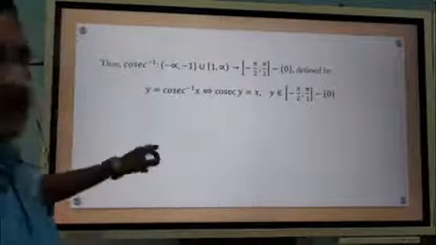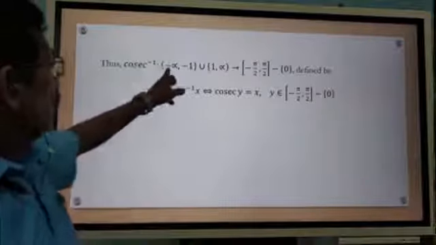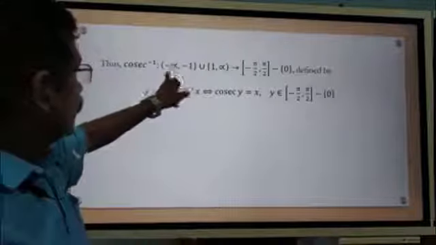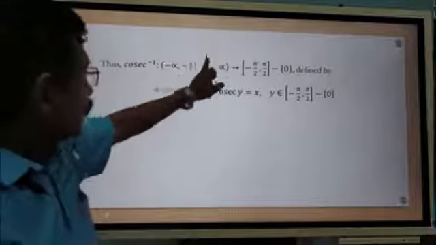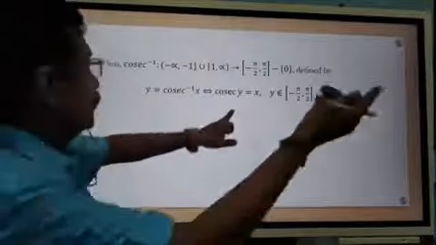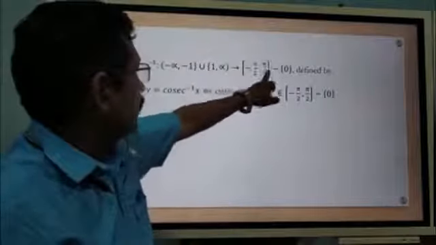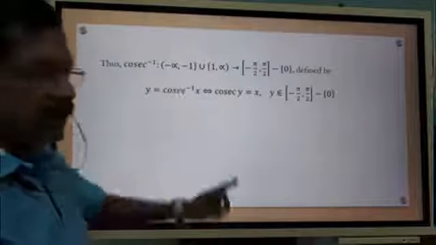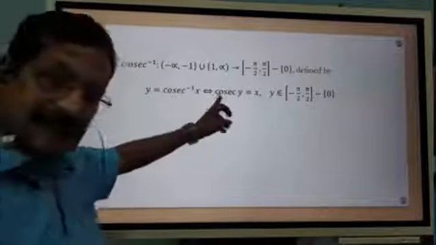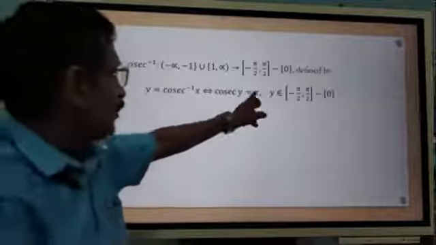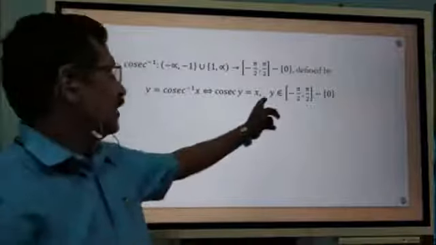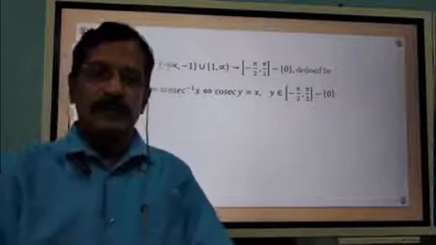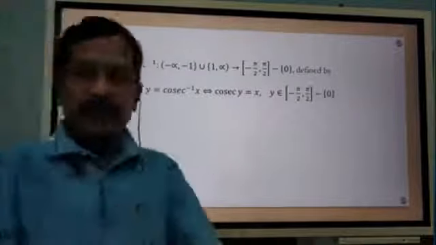The inverse of the cosec function is cosec inverse from minus infinity to minus 1 union 1 to infinity, to [-pi/2, pi/2] minus the singleton {0}, defined by y equal to cosec inverse of x, which implies and is implied by cosec y equal to x, where y is an element of [-pi/2, pi/2] minus the singleton {0}. So this is the definition of cosec inverse.